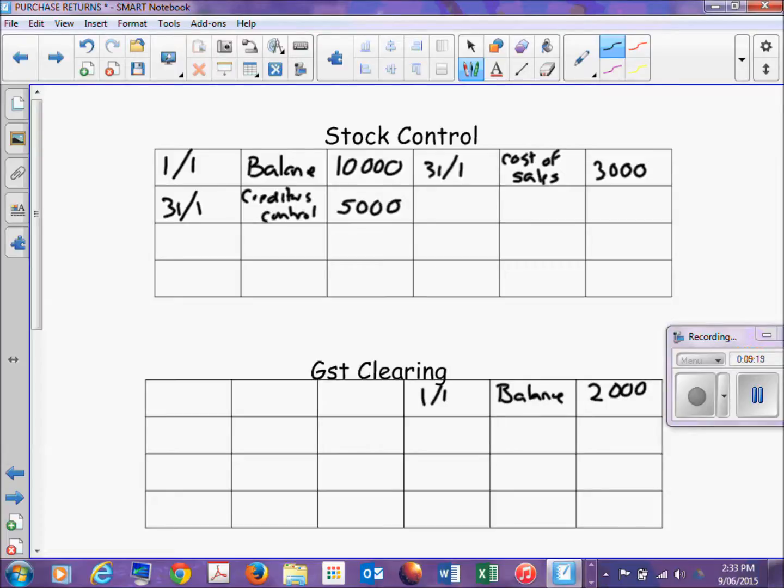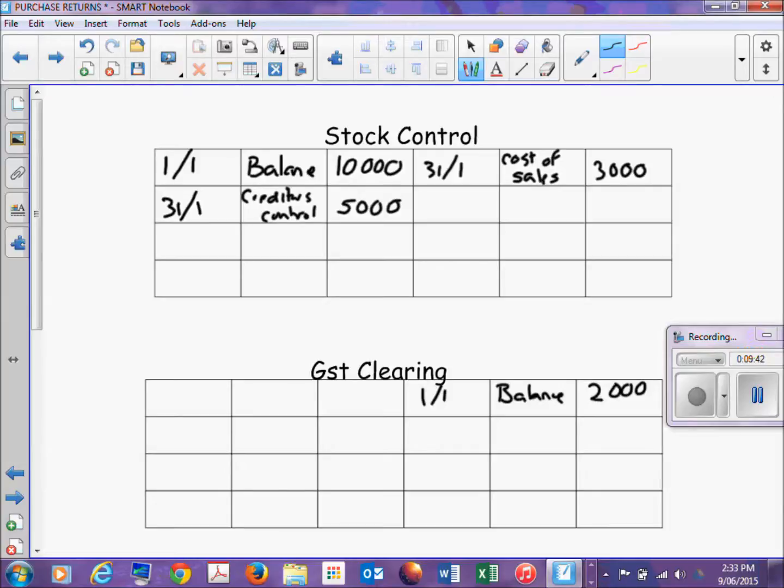If the items that I sold during this period were for credit, and to make our lives easier, we'll assume that it's 100% markup. So if the cost price is $3,000, what's the selling price going to be? $6,000. So what's the GST going to be on it? $600. What side would that go on?